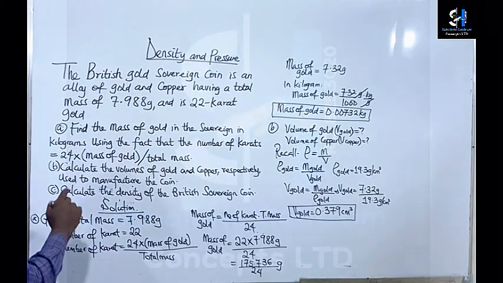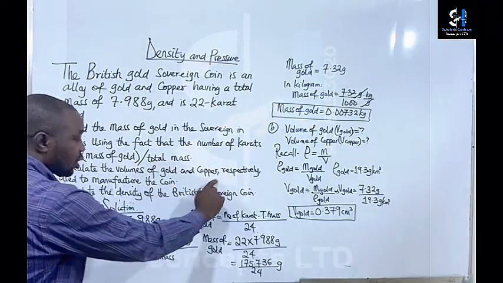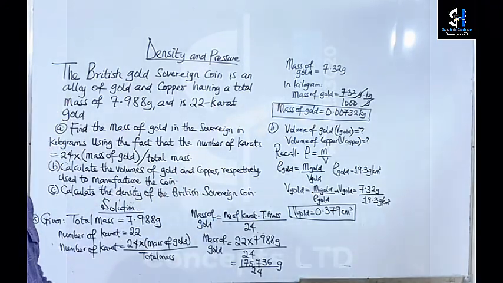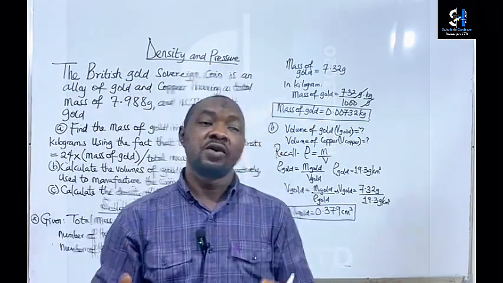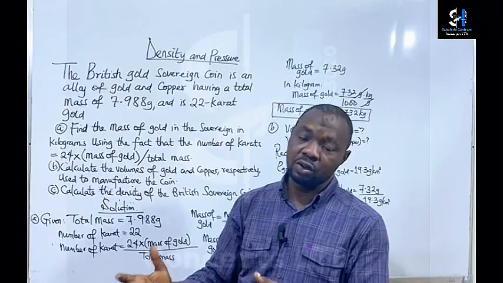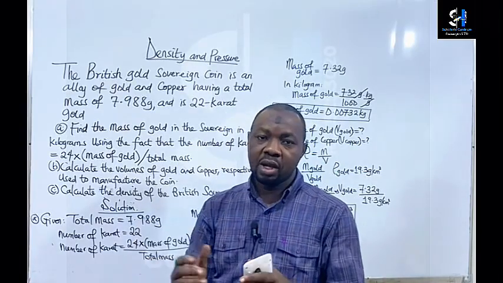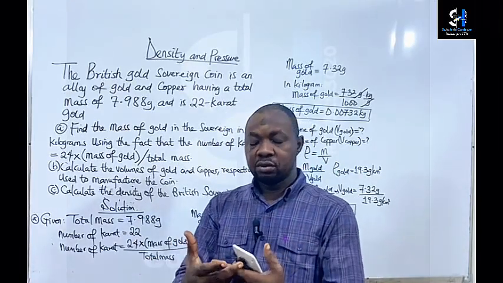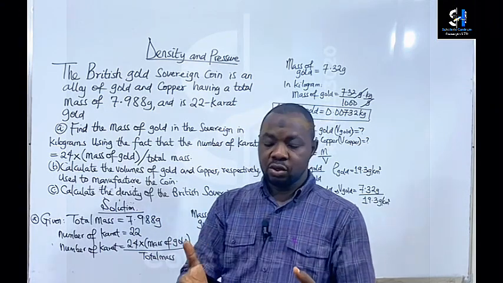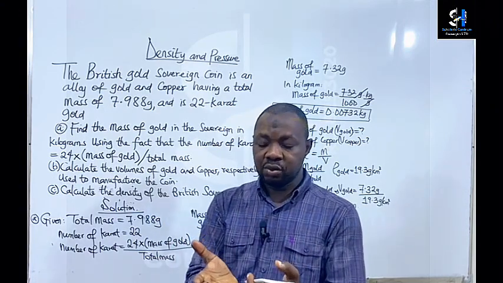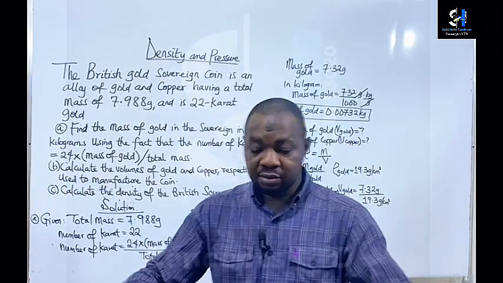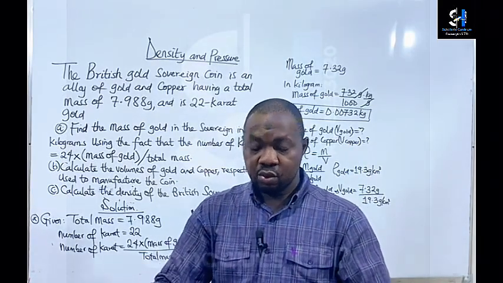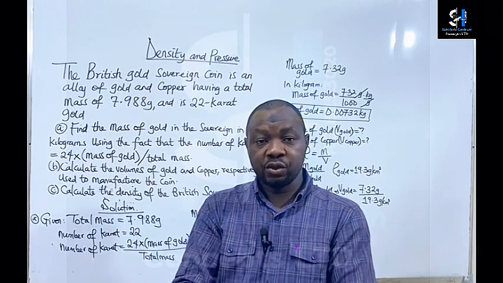Remember, we want to calculate the volume of gold and copper respectively used to manufacture the coin, the British sovereign coin, which is an alloy of gold and copper. When we say alloy, it means the fusion of two metals. When two metals are melted into molten form, they are fused together.